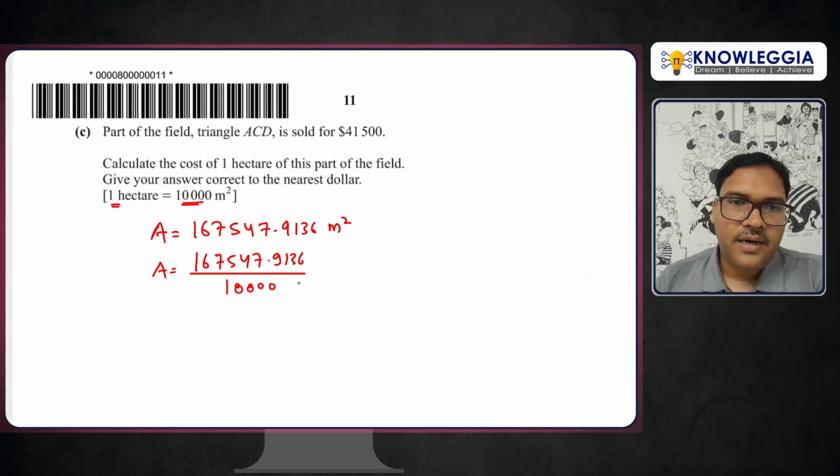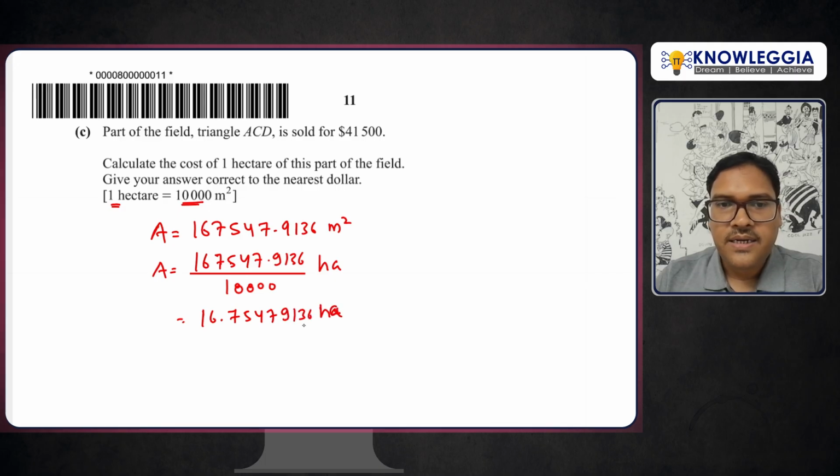Because I have to convert this into hectares. 10,000 square meters is 1 hectare. So that is 16.75479136 hectares.